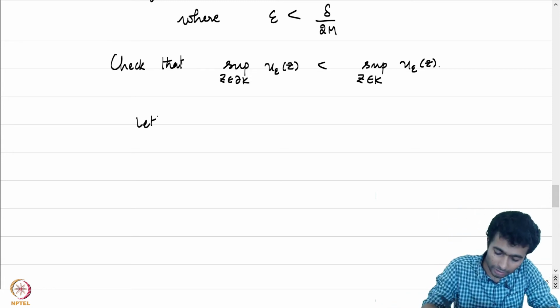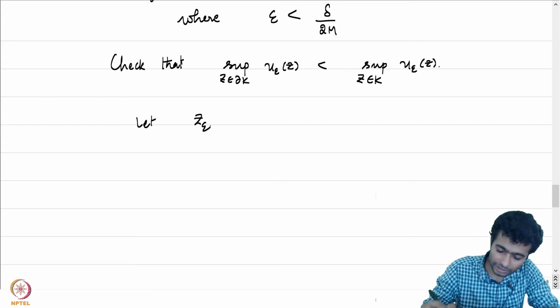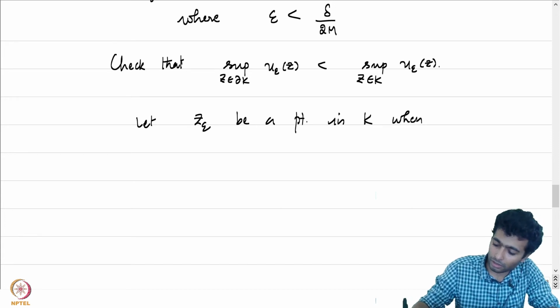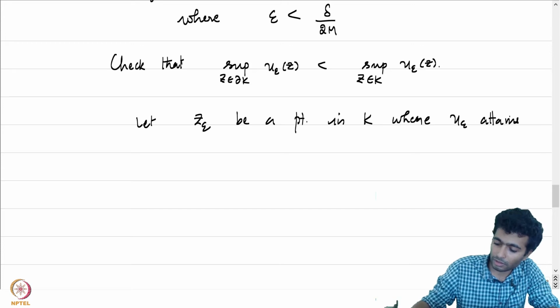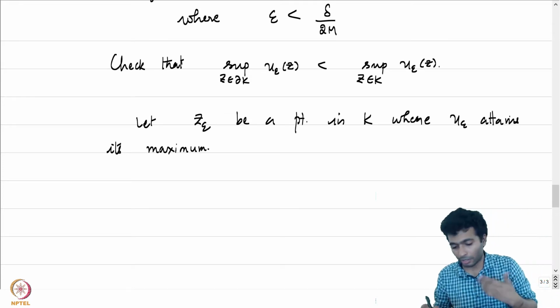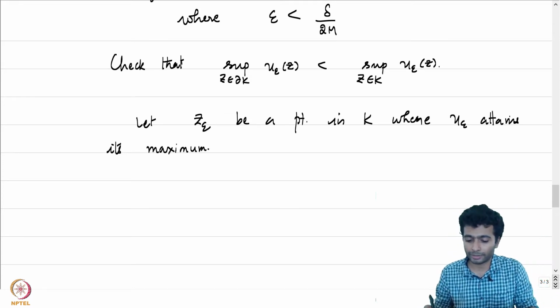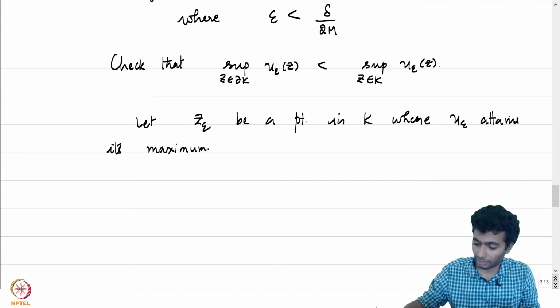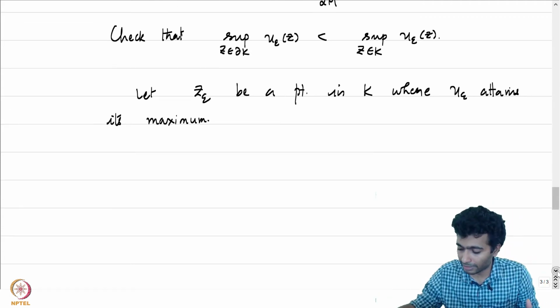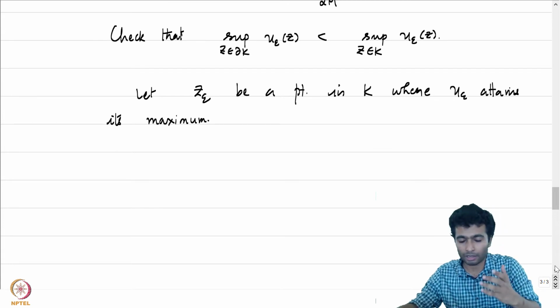So let z epsilon be a point in K where u epsilon attains its maximum. Notice that we have just tweaked u a bit. It continues to be a continuous function, and therefore there is a point where the maximum is attained. Again, we are invoking the same property that continuous functions on compact sets attain their maximum.